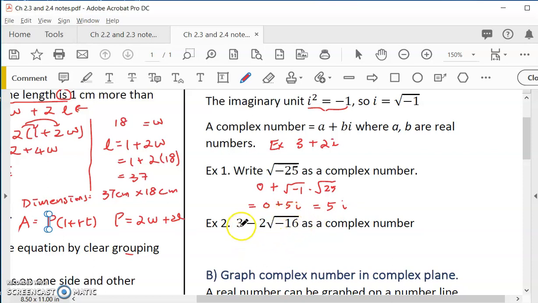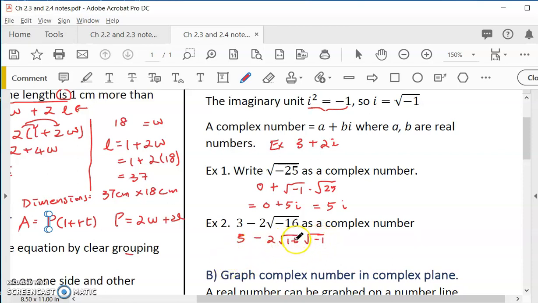What about 3 minus 2 times the square root of -16? Now, 3 minus 2, you don't do this. The 2 is a multiple of this imaginary part. So this is the real part, so you keep the 3. The square root of -16 can be written as the square root of 16 first and then the square root of -1. Why? Because this would be imaginary.